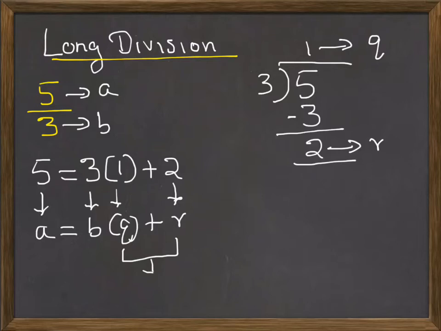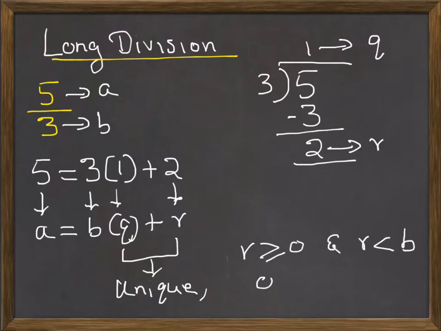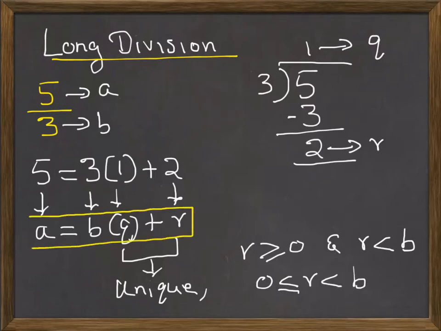And note that Q and R will always be unique, and R will be greater than or equal to 0, and R will always be less than B. So in other words, R will be between 0 and B. This A equal to B times Q plus R is called Euclid's division lemma.